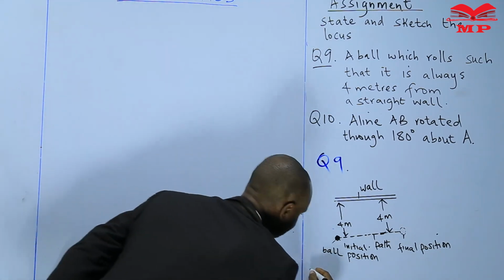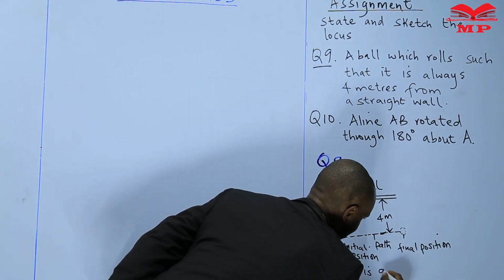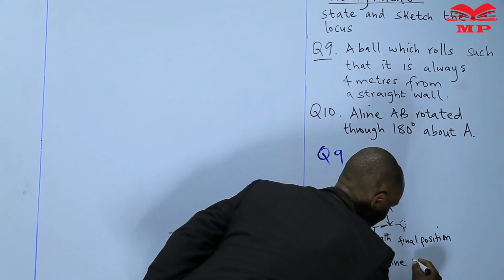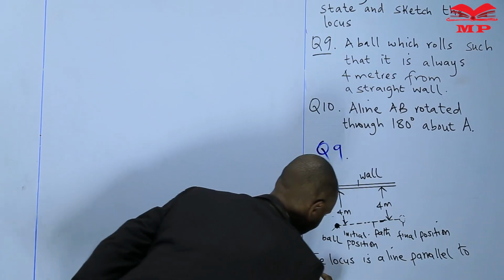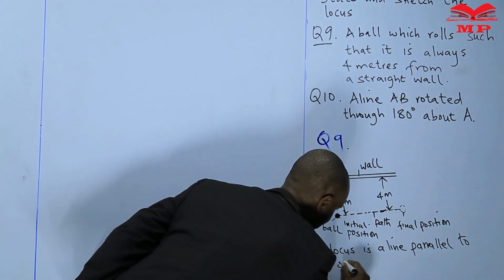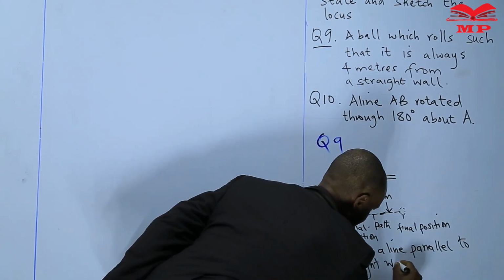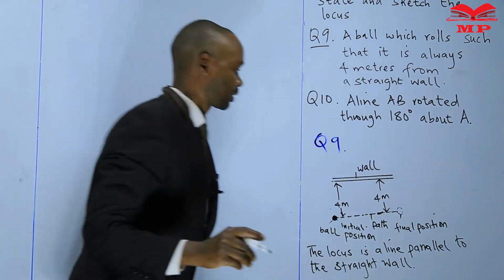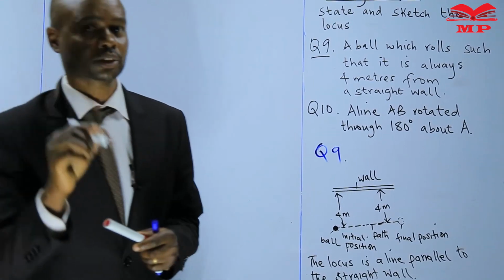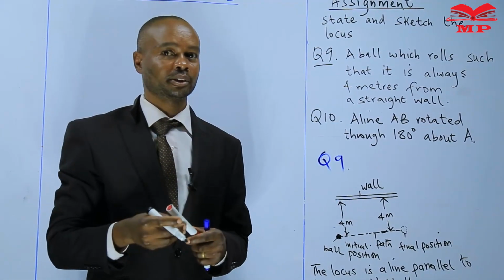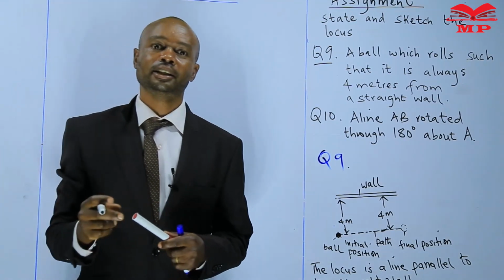The locus will be a line parallel to the straight wall, because in the law they are saying it should maintain the 4-meter distance from the wall.